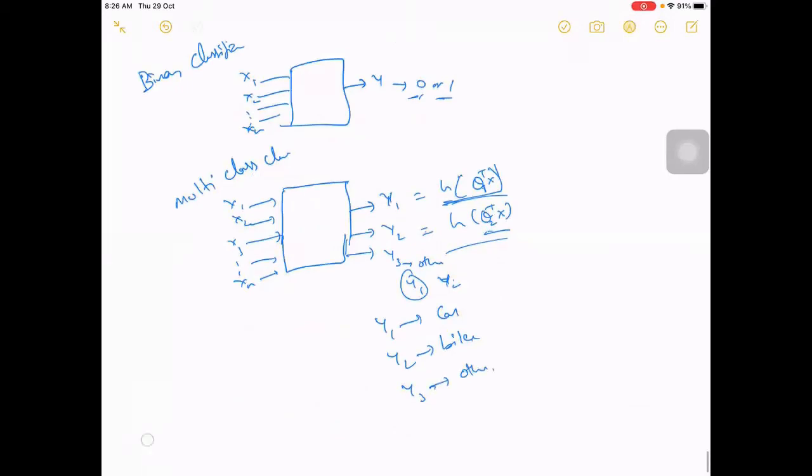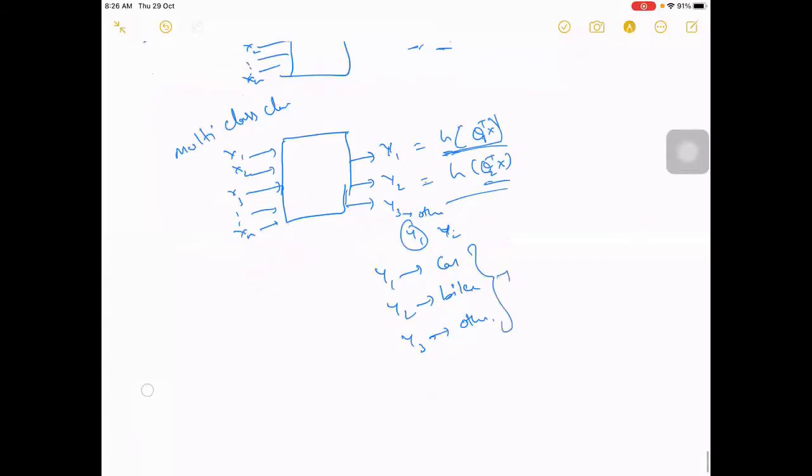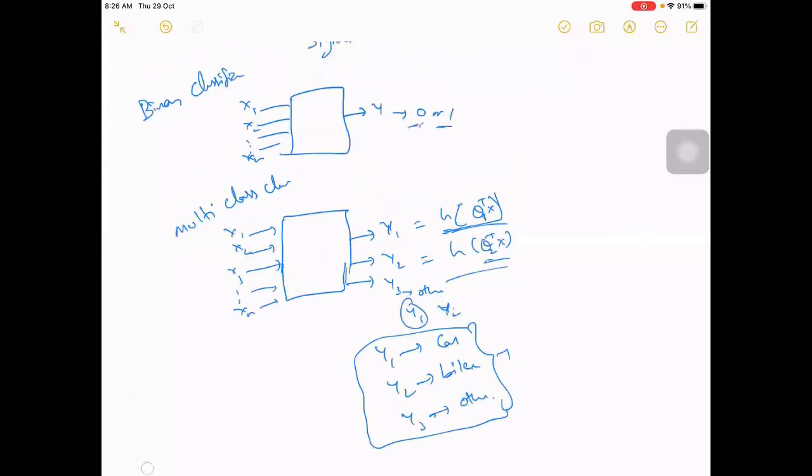So what we'll do is take the combined value. Even in multi-class classification, in a photo, let's say you want to classify only whether it is a car, a bike, or other, just these three.